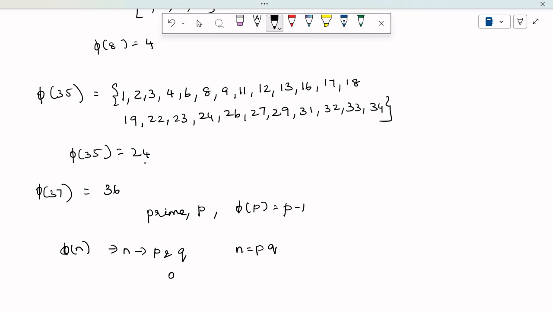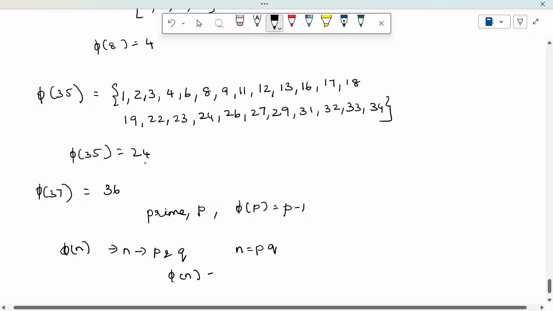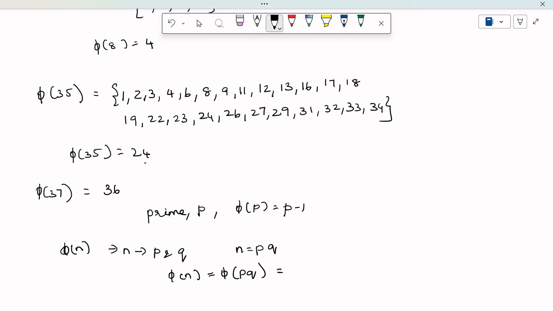Then in that case, phi of n is equivalent to phi of pq, isn't it? So this is equivalent to phi of p into phi of q. So p minus 1 into q minus 1, right?